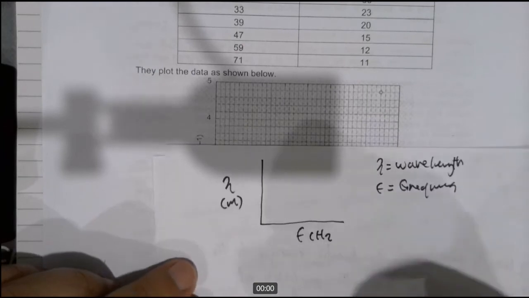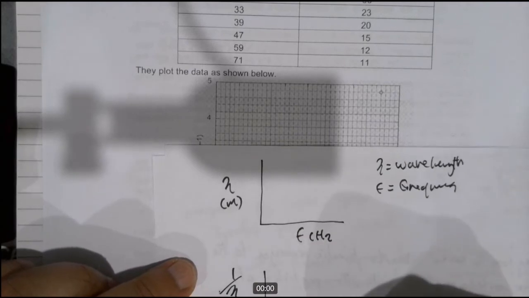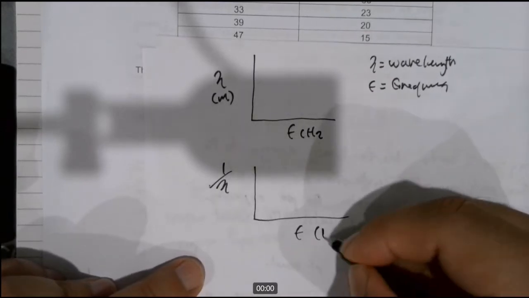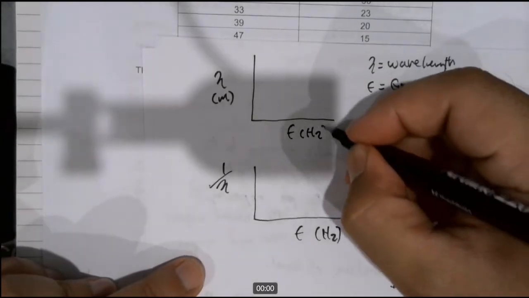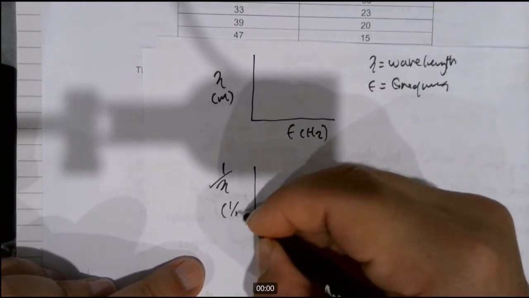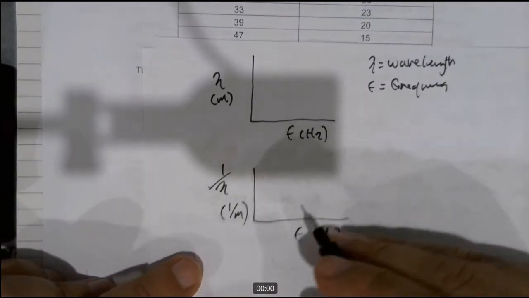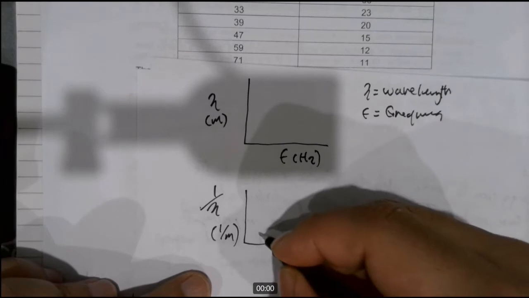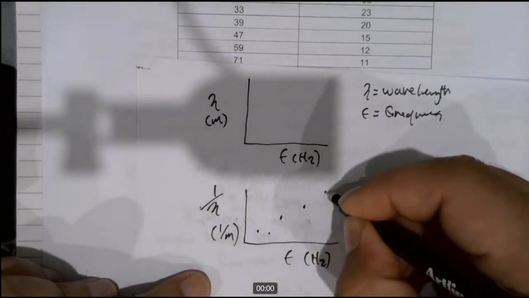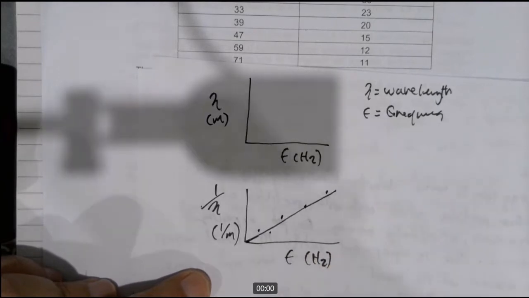No, they're giving us this data, which says 1 over lambda, and on the x-axis we've got frequency. So that's weird, right? That unit is inverse meters. That's odd, right? But what we notice is when they do plot that, we get a couple of values that form some kind of linear line.